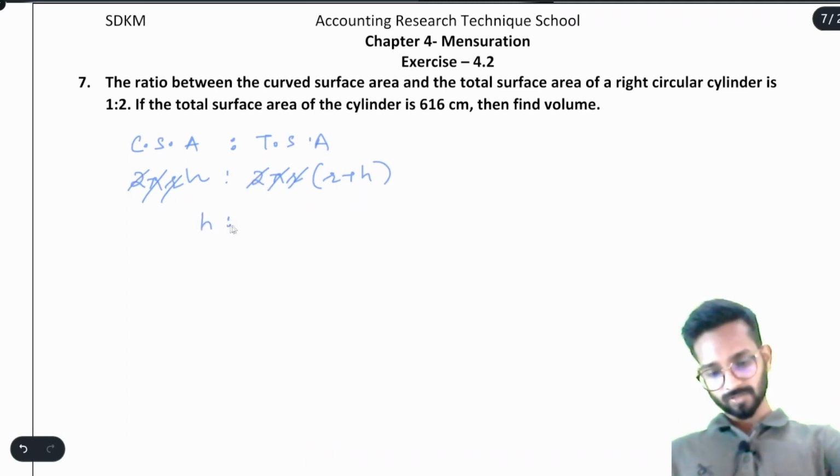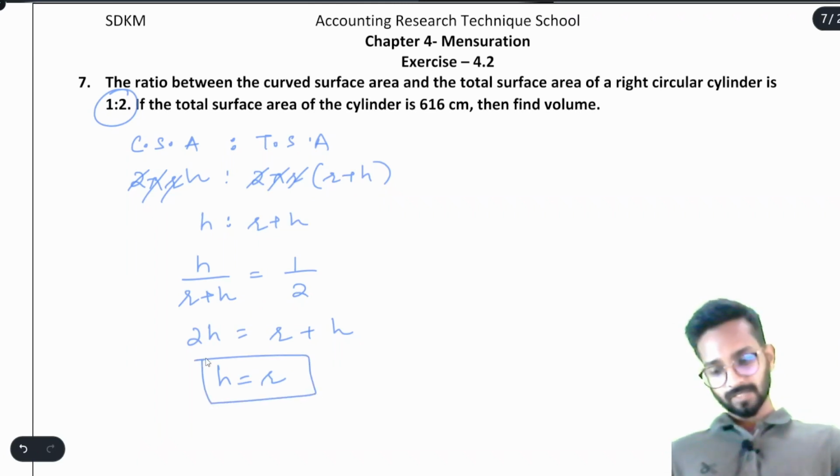You get H upon R plus H, which is given as 1/2. So 2H is equal to R plus H, so H is equal to R.